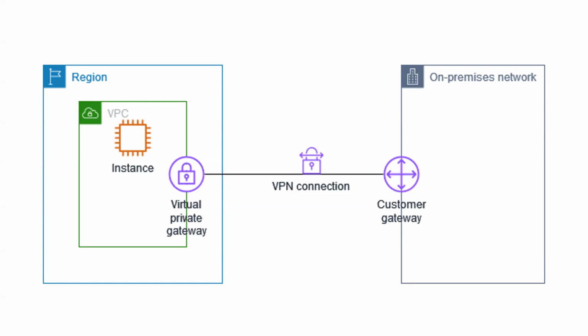Here on the diagram, you can see the customer gateway is inside the corporate data center, and this is because it represents the VPN device that we have set up inside the corporate data center.